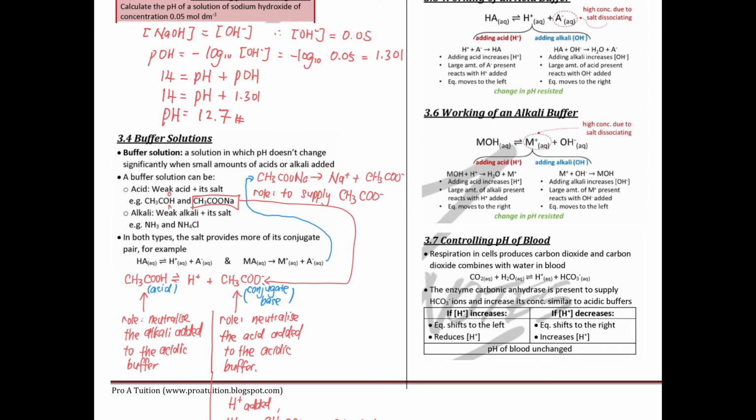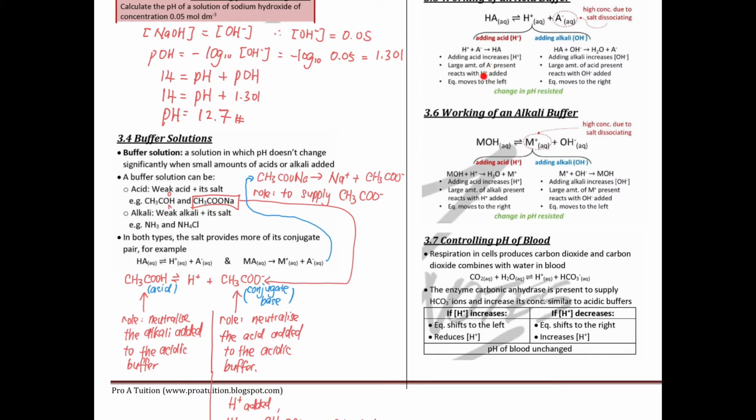Let's see the words here. Adding acid increases H plus. So you add acid to the acidic buffer, of course the H plus concentration increases, and the large amount of A minus present reacts with the H plus added. That means the CH3COO minus will go and neutralize the H plus.